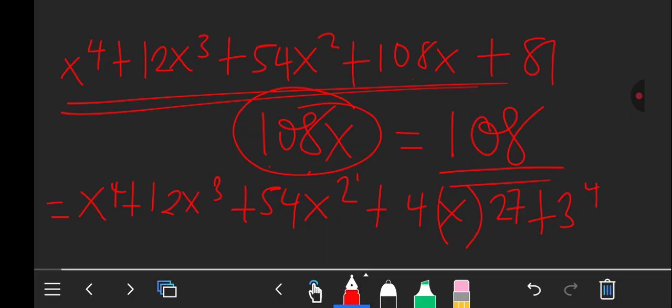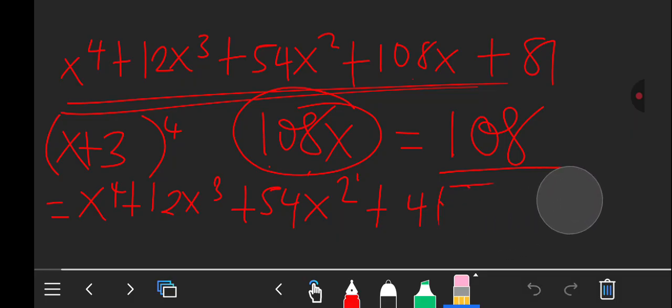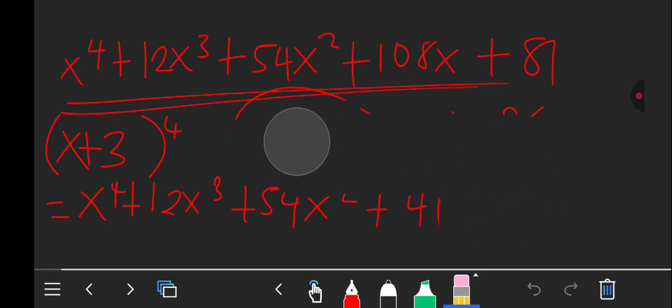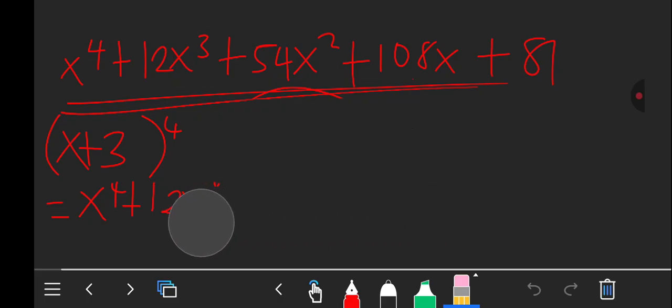At other times, you might be asked or required to say, since at first we had x plus 3 raised to the power 4, right? x plus 3 raised to the power 4. Okay, let me just get rid of this. So this is what we had at first.